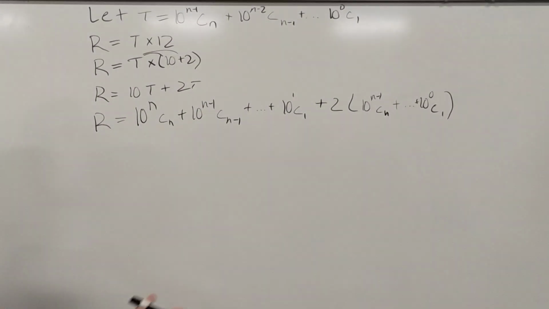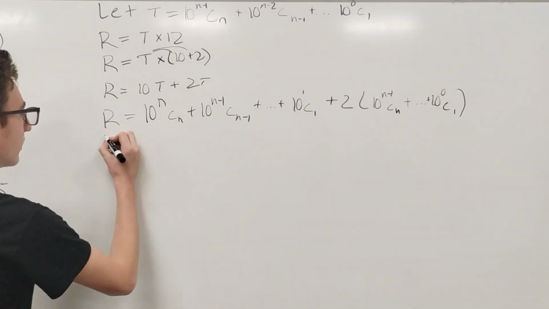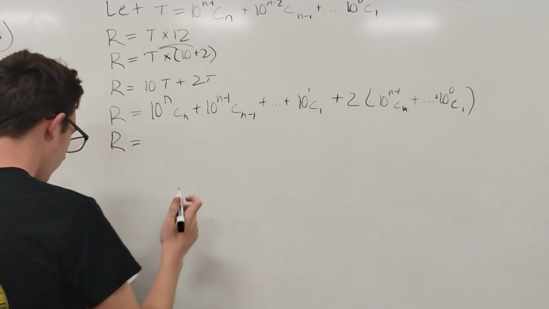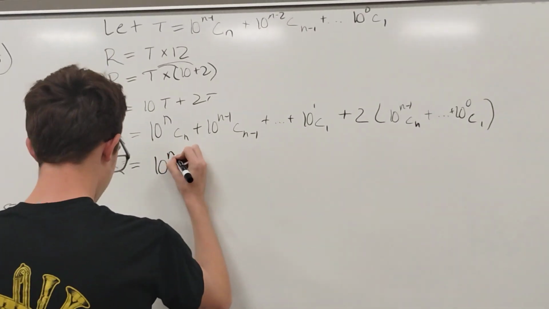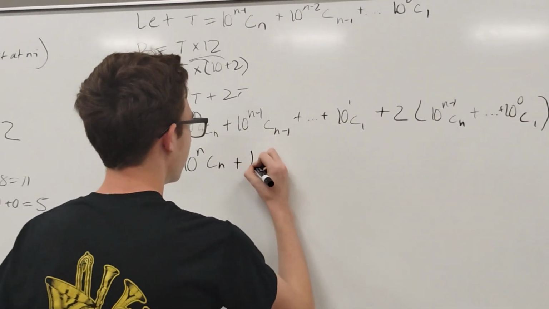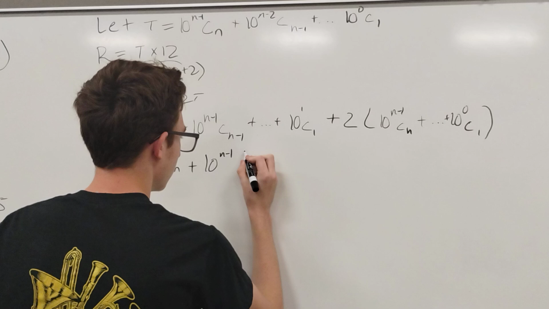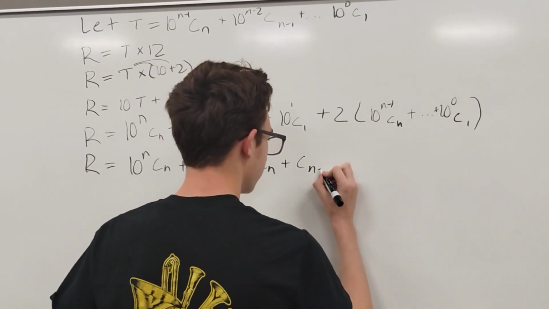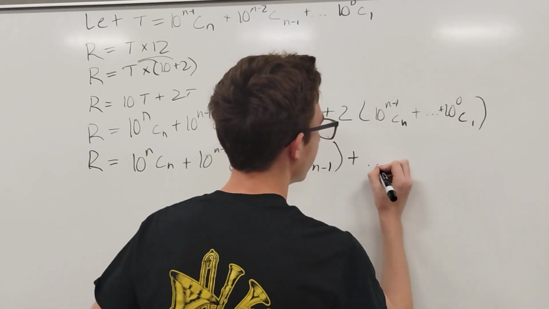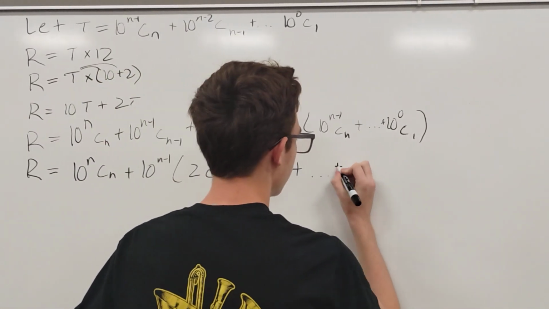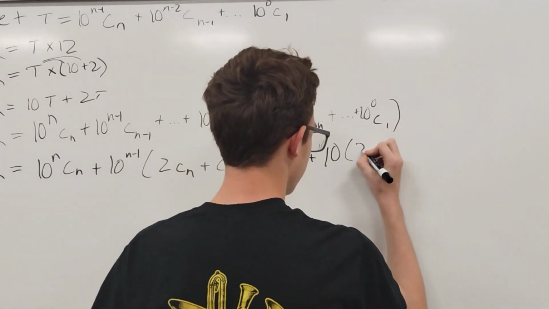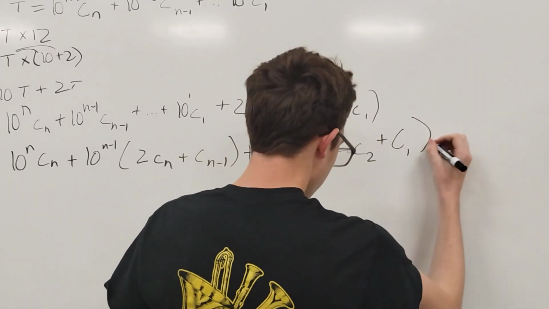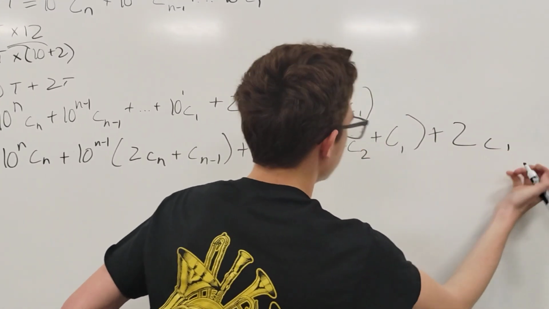Now that we've done that, we need to put this in base 10. To put it in base 10, we're going to common factor. And when we do that, we're going to get 10^n c_n plus 10^(n-1) times (2c_n plus c_(n-1)). And it's going to go on something like that until we get 10 times (2c_2 plus c_1) plus 2c_1.